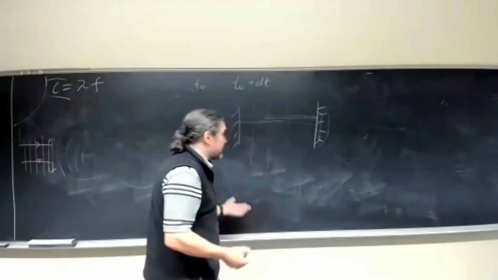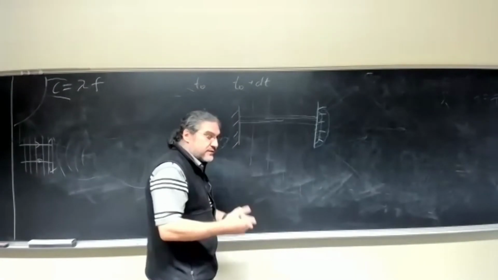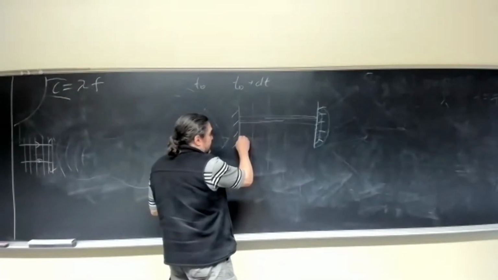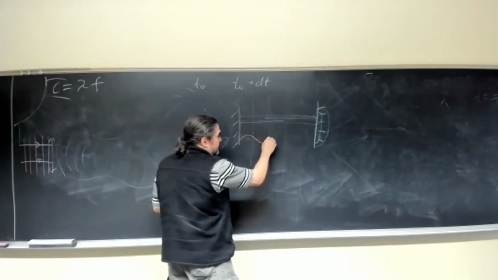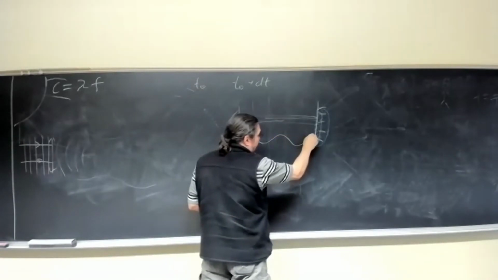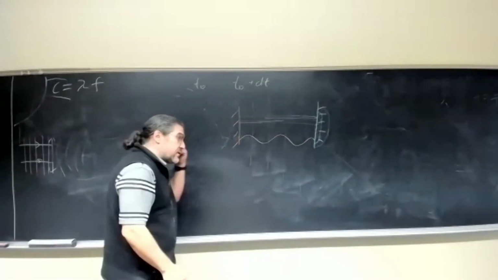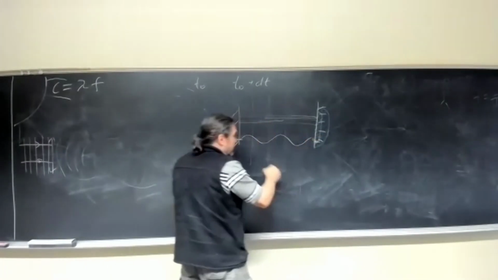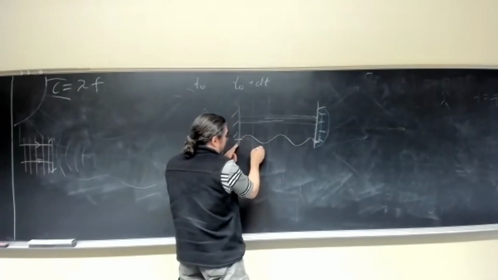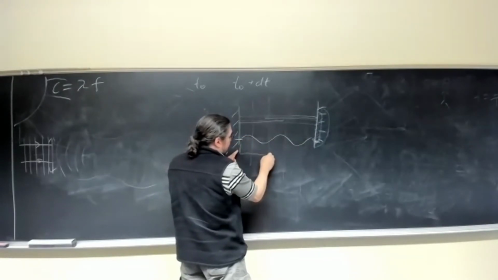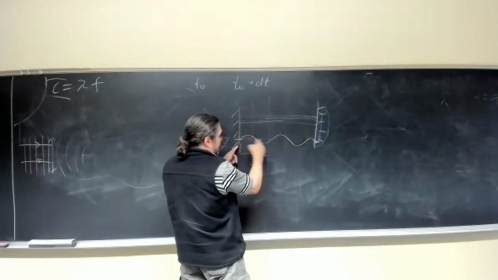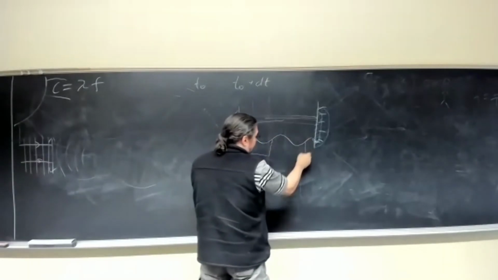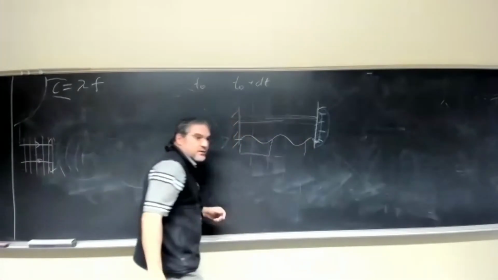And the condition for constructive interference is very easy to understand if you think about it as a wave. If the wave comes here with 0 and comes here with 0, right? So there is actually an integer number of wavelengths in between those two lines.